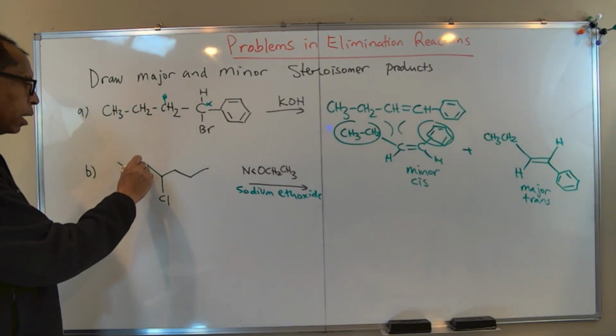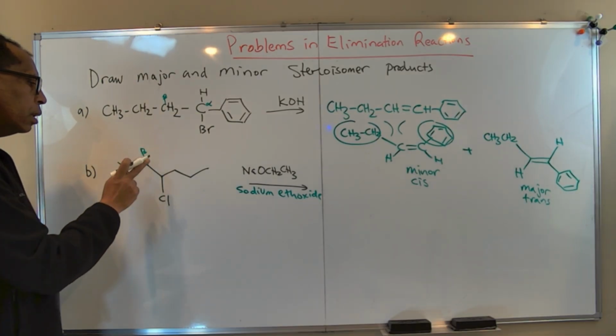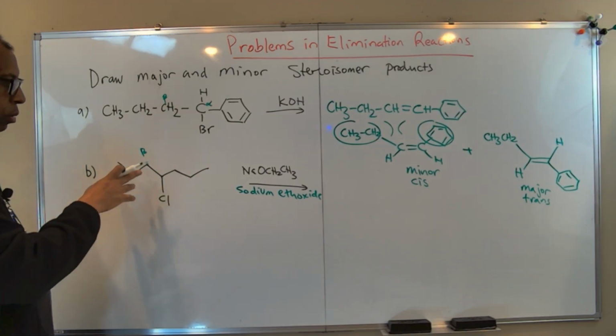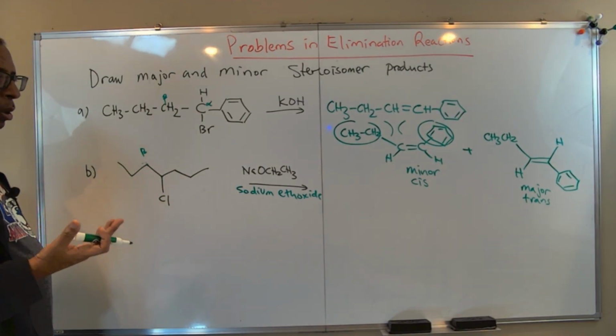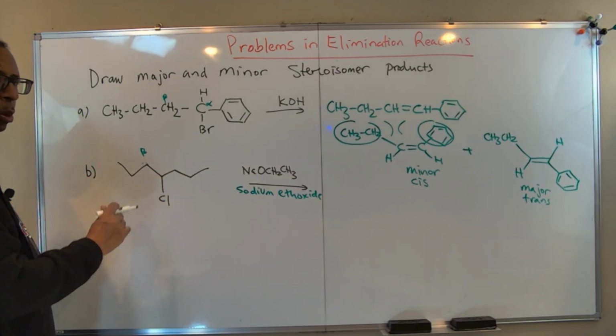Now we have a beta carbon right here, and these beta carbons are equivalent, so we have only one, because if you just consider this one, it will be the same because it's symmetrical.